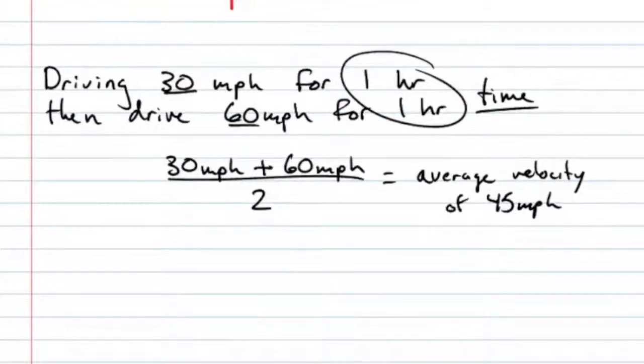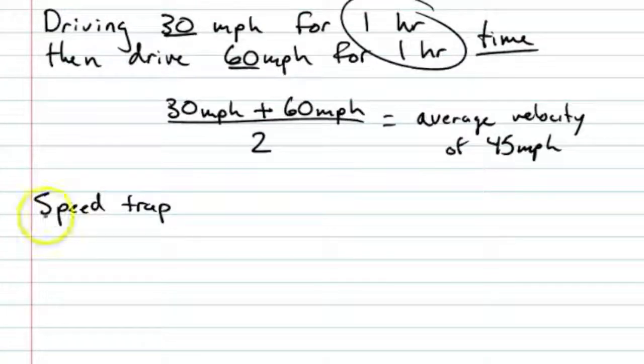Now, another good way to think about this is think about a speed trap. When a police officer might be sitting on the side of the road with a radar gun trying to get the speed of cars going by.